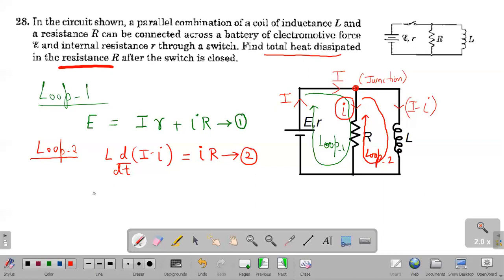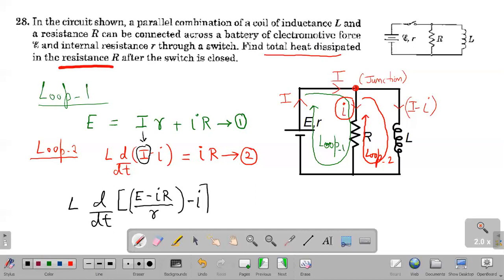We will do it as L d over dt, and from the first equation I will substitute the expression of capital I, so this capital I will be eliminated. From the first equation, capital I can be written as EMF E minus small i R divided by small r. This is the value of capital I, minus small i, equal to small i into R.